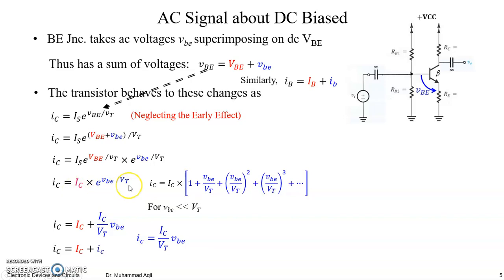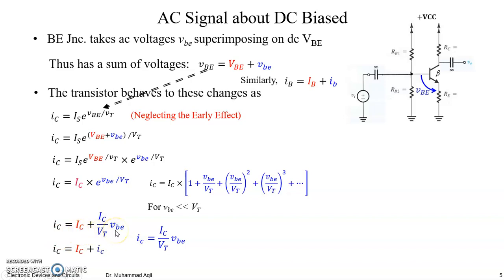And we have seen that for a small input signal, we would have a small AC VBE, very small compared to VT. Then this relation could be of a linear form, right?